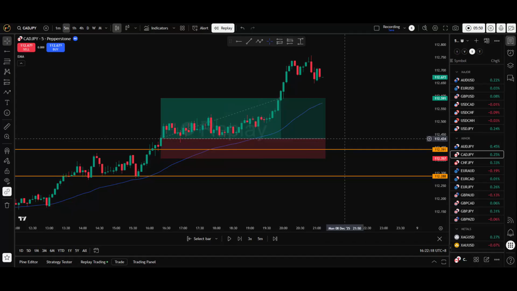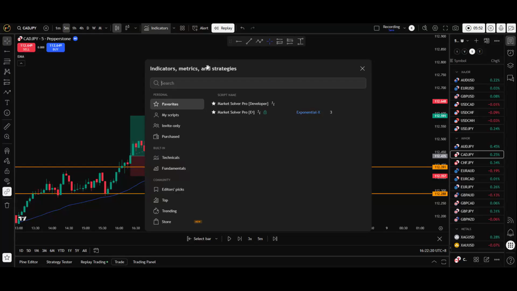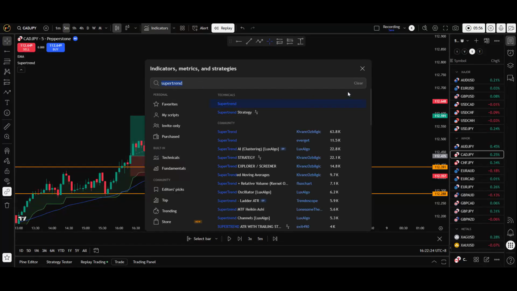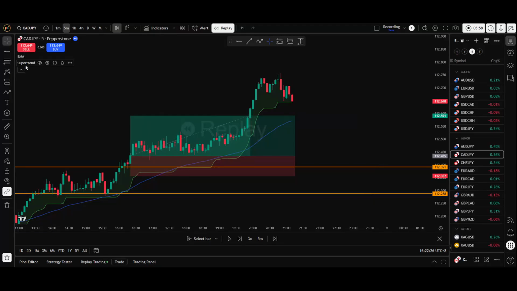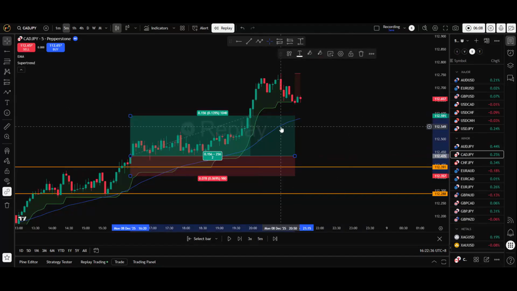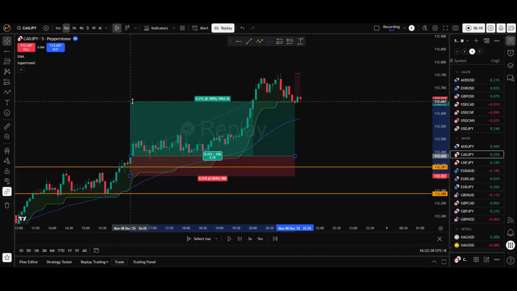From there, I would pull up a super trend indicator. Again, this is a free tool available on TradingView, and I would trail my stops accordingly. So once price breaks here, the trade is done.